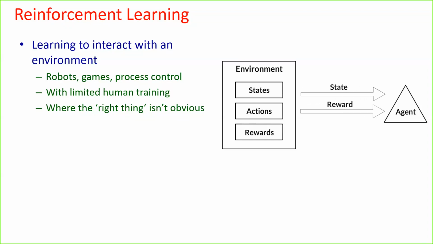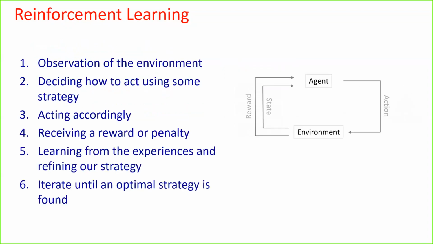These are the steps in reinforcement learning: observe the environment, decide how to act using some strategy, and act accordingly. For that, the agent receives a reward or a penalty. It learns from the experience and refines the strategy so that the reward is maximized. This process is iterated until an optimal strategy is found.